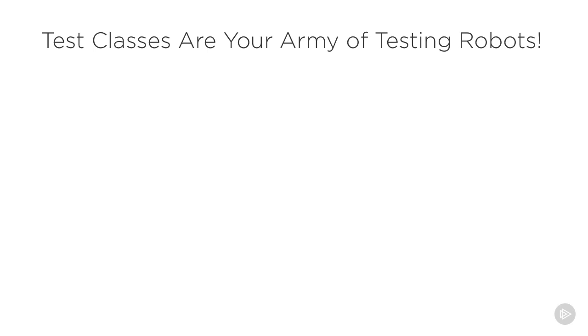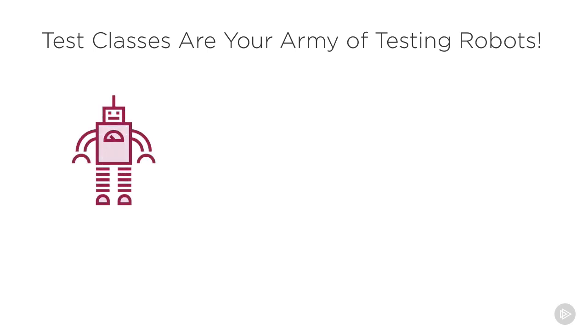That's why we prefer to leave testing up to the robots, aka our test classes. Yes, test classes are our army of robots programmed to do one thing: automate the predictable, manual process we've been doing to verify our code worked. These loyal, faithful robots will do everything we used to manually do, but better.